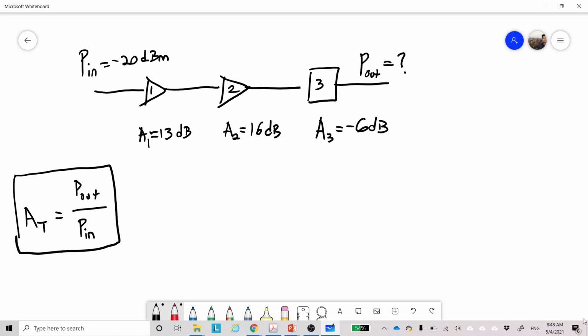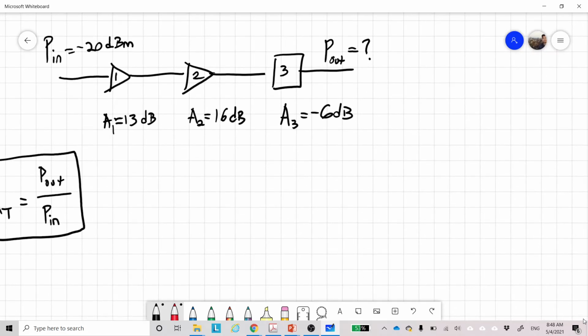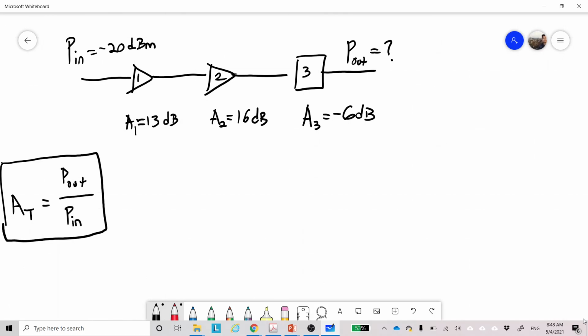But this is only true if we use absolute values. These equations can only be used with absolute values. However, the questions here say in terms of decibel and dBm. So let's do the first question. The first question asks how much is the value in terms of dBm.